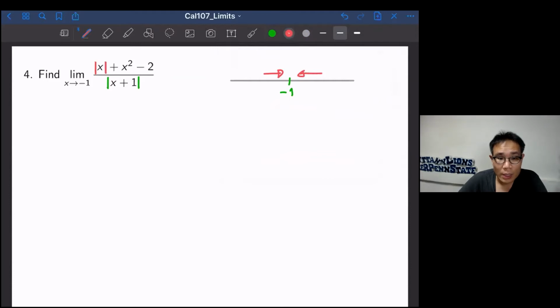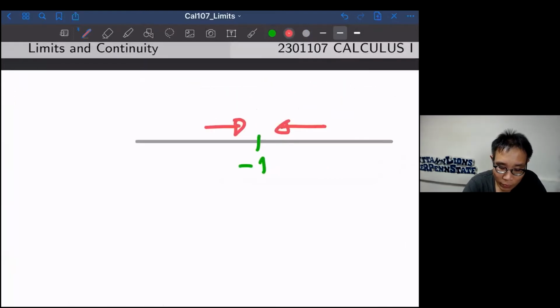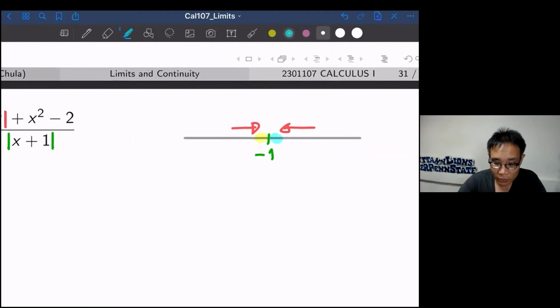If you have x equal to -1 like this, you'd like to work with numbers close to -1 on both sides. So it's not going to be far from -1.